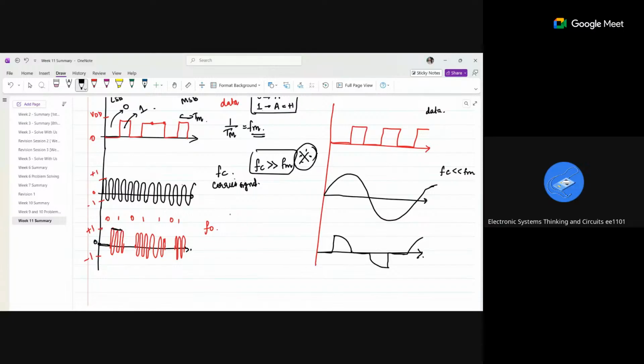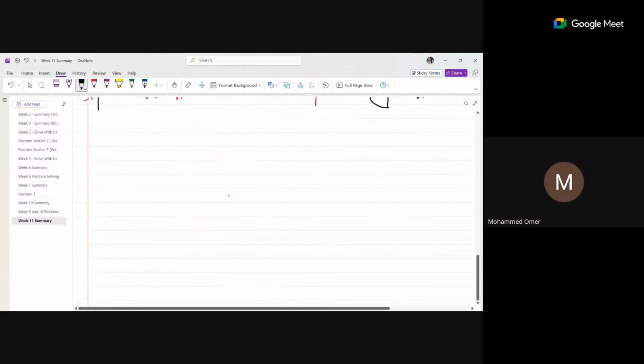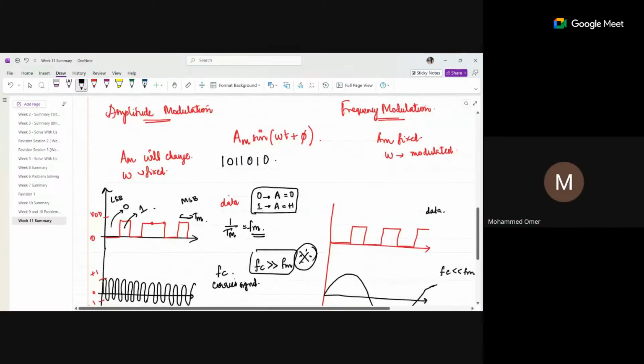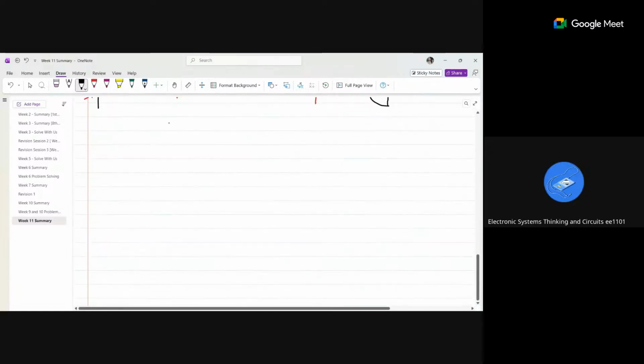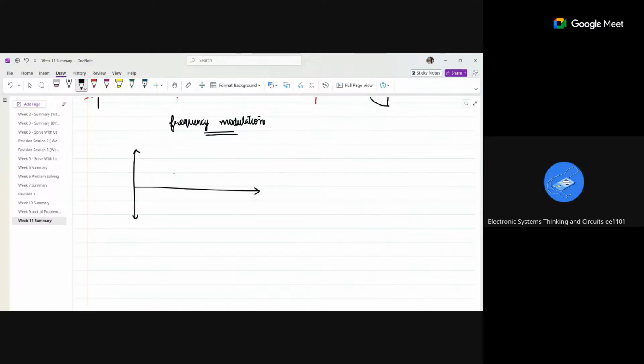Shall we go to the frequency modulation? So now we'll go to frequency modulation. So this is my data, that is 10101101.